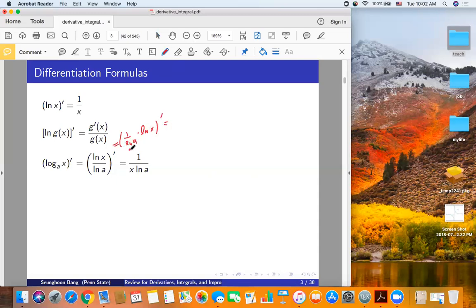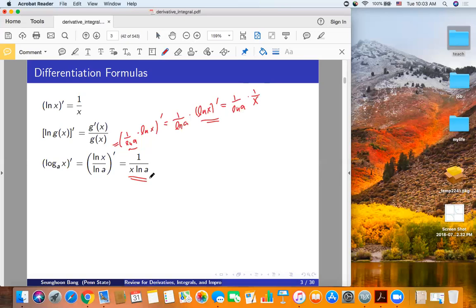You can take out the constant 1 over ln of a. This is the same as 1 over ln of a times ln of x prime, which is 1 over x. So we have this result.